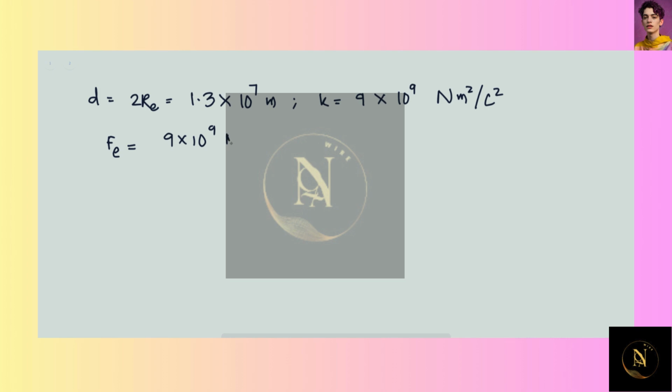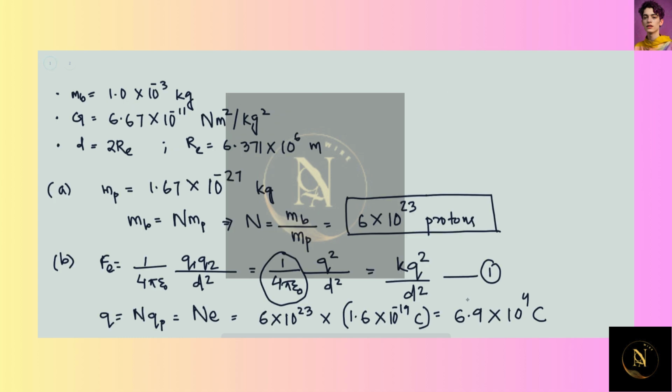So Fe comes out to be K times Q square. Okay, so I think I messed up over here, I swapped the two numbers. So this should be equal to 9.6.